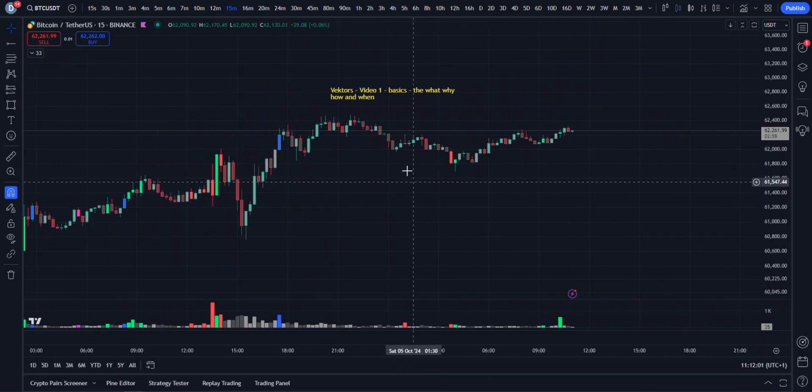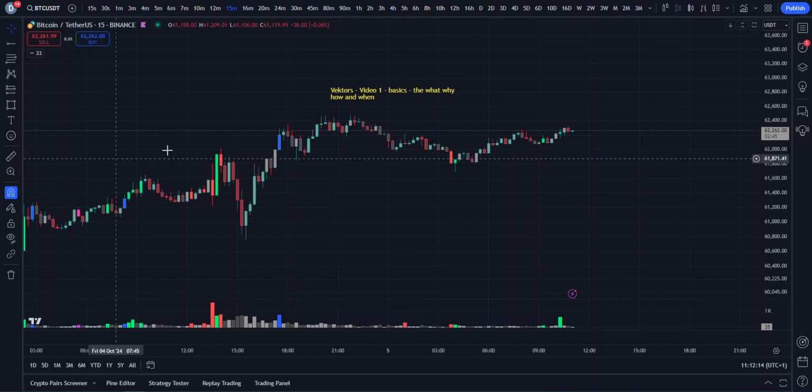Vector candles can be used across different time frames, and they appear on different time frames. So what is a vector candle? Basically, a vector candle is an increased frequency of trades of volume. So a lot of transactions.